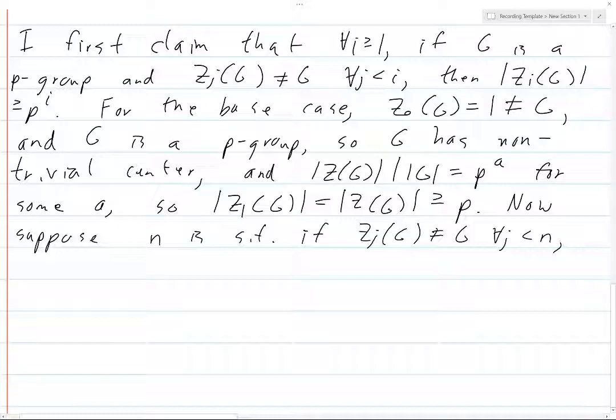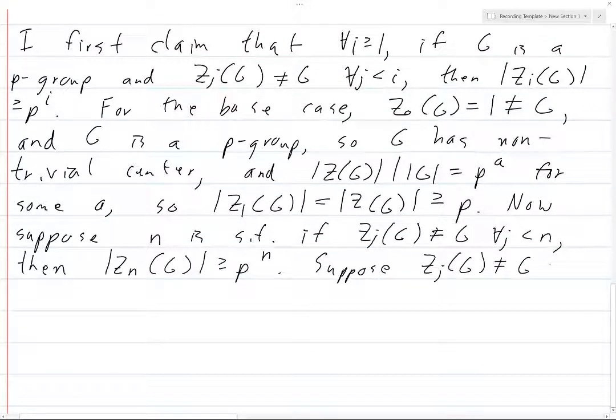Now we're going to do the inductive step. So suppose Z_j G is not G for all j strictly less than n plus 1.